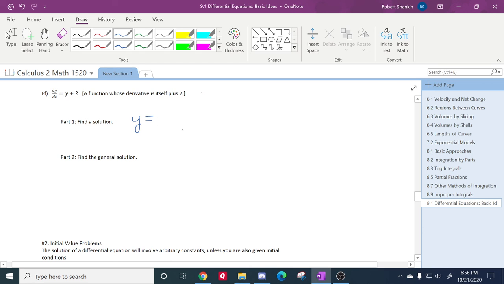A possible guess that might work. How about x times y plus 2? Say that again. X times y plus 2.